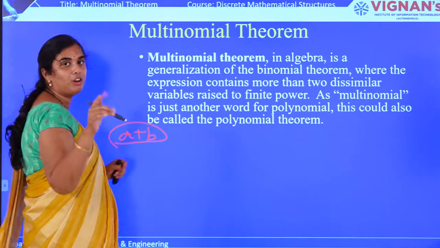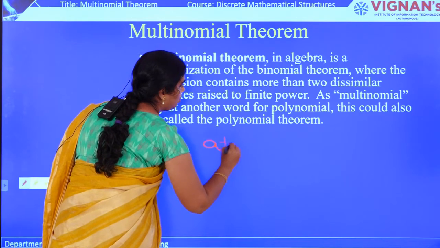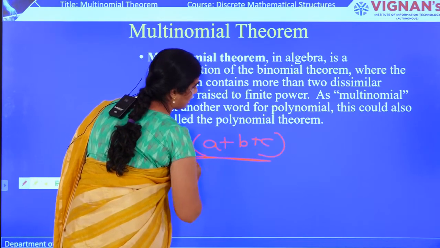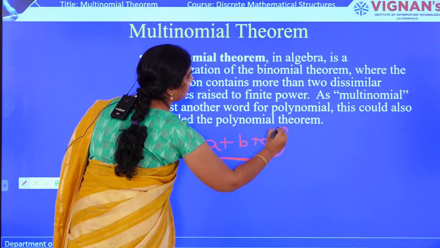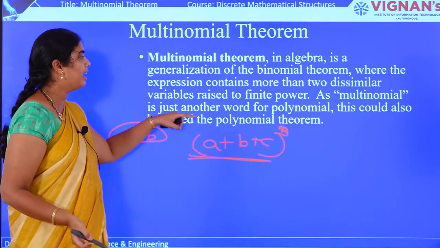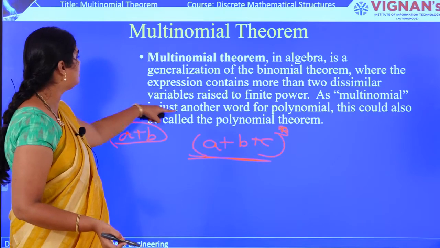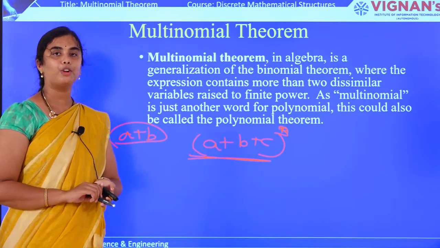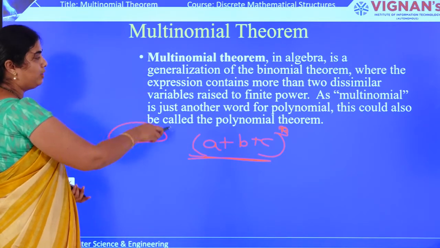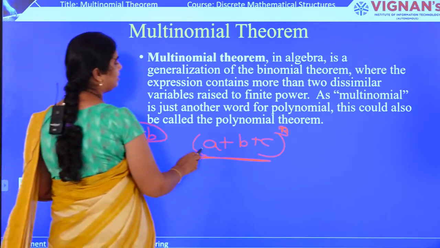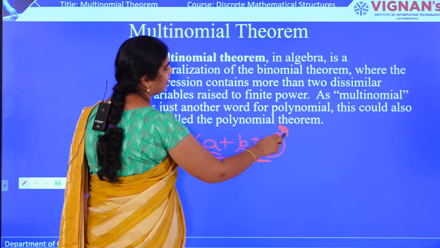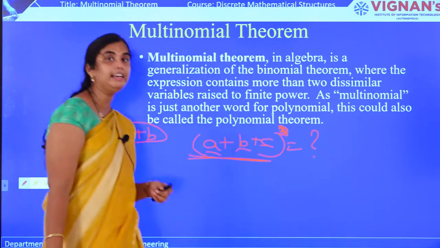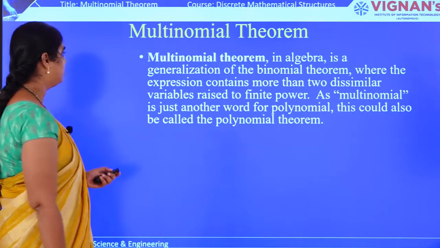But in the case of multinomial, you take more than two variables and raise them to some finite power. As multinomial is just another word for polynomial, this can also be called the polynomial theorem. In multinomial theorem you will learn how these variables can be raised to a power and what expression you will get after it is raised.